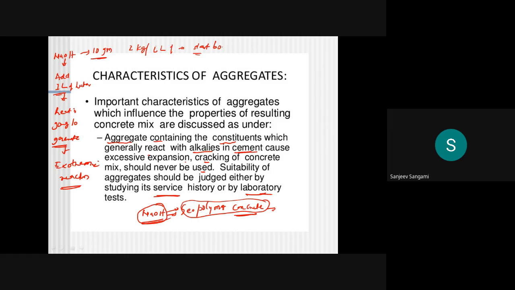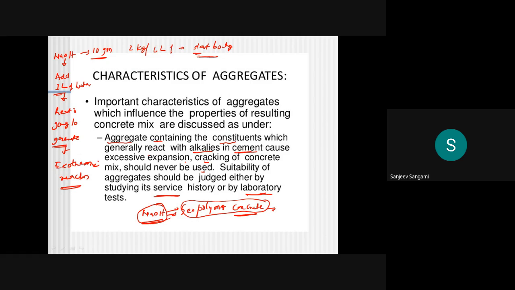The overall concept is that if you add alkali to the concrete mixture, suddenly there will be an expansion due to the increase in temperature of this alkali. Suddenly the water temperature reaches roughly 70 to 80 degrees centigrade.